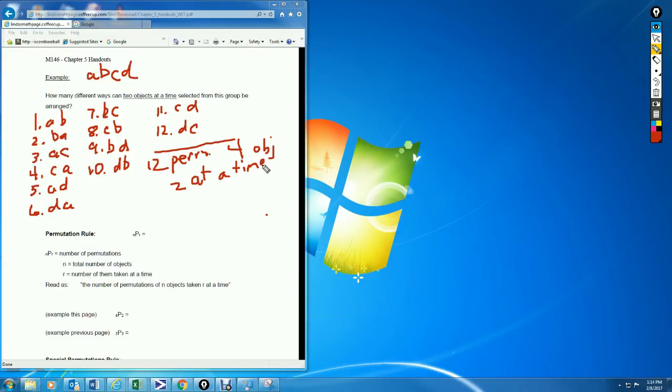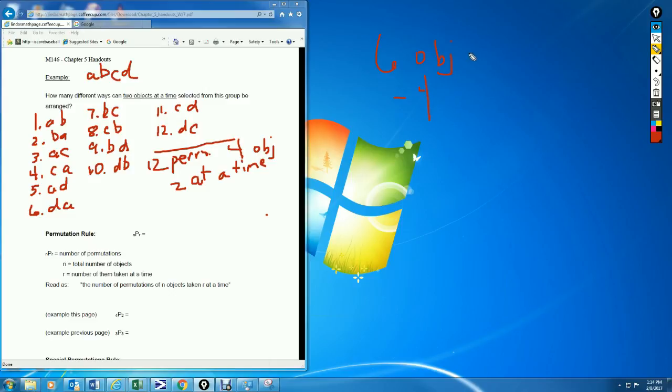So as you can see, it can get a little tedious to list out all the different permutations, especially as the numbers get bigger. For example, if I had 6 objects, and if I took 4 at a time, how many permutations of that would there be?